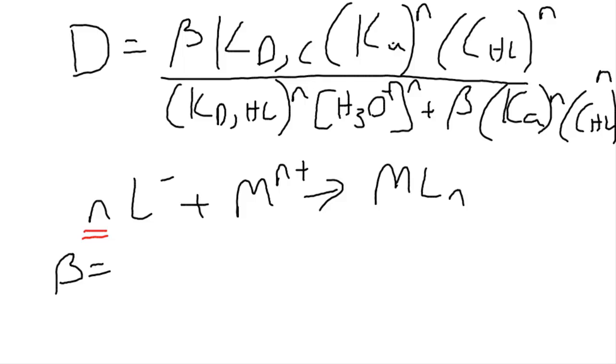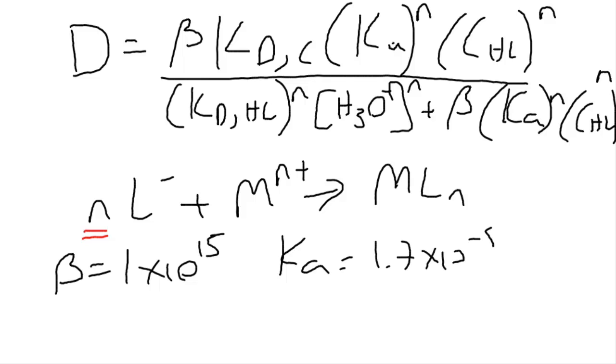As an example, let's use the complex formation constant as 1 times 10 to the 15. These tend to be pretty strong, strongly product favored. And we'll use Ka again as 1.7 times 10 to the minus 5. Let's say the concentration of the complex is 1 times 10 to the minus 6 molar.